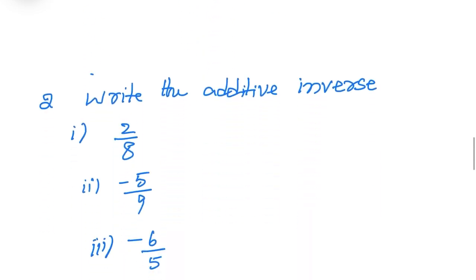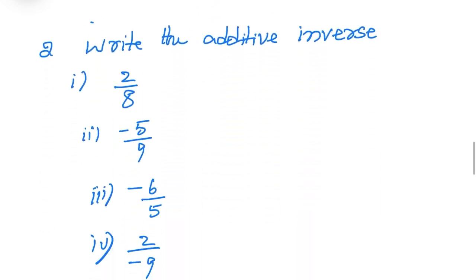Now let us see the next problem. Write the additive inverse. In the earlier classes, we discussed what is additive inverse. Additive inverse is the opposite sign given to the given one. Here you see 2 by 8, for example. What is the additive inverse?